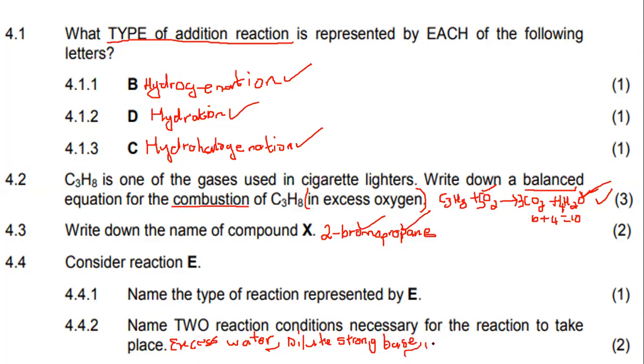Again, I'm going to require mild heat. And you can see that I'm not just writing heat, I'm writing mild heat because the mild is actually very important. So any of those 2 conditions will give you 2 marks altogether.